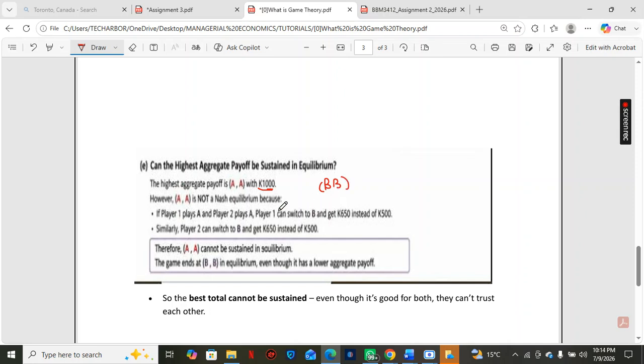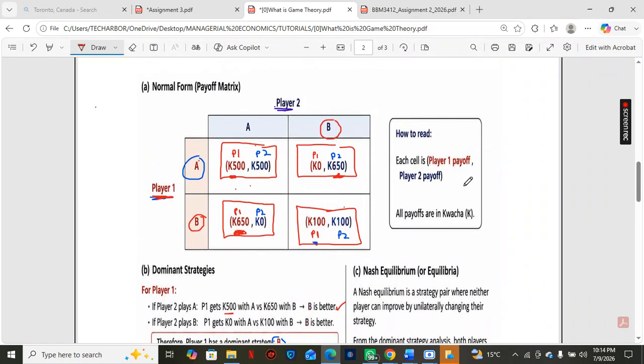If player 1 plays A and player 2 plays A, player 1 can switch to B and get 650 instead of 500. Meaning, if they both want to choose these highest payoffs, player 1 can change and say, I don't want this 500 payoff, let me choose B, and they'll be better off. Player 2 can also do the same thing.